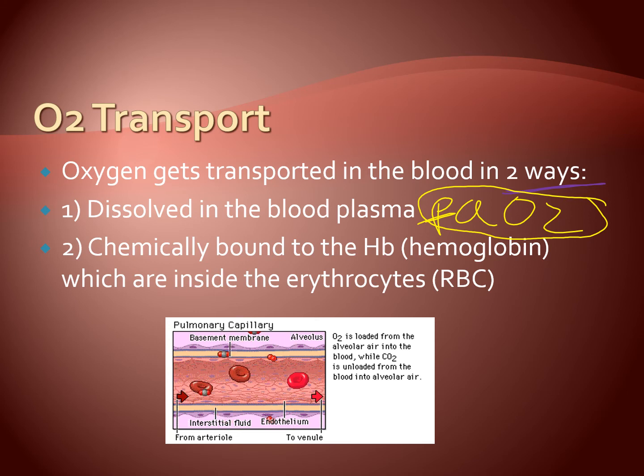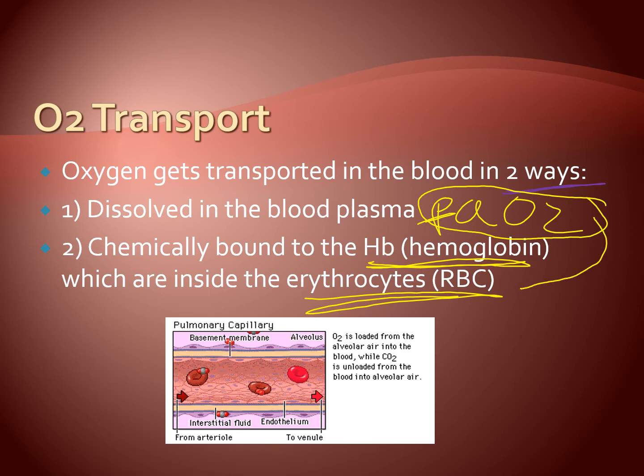And then it also is transported on hemoglobin. Remember, when it's on the hemoglobin, it no longer exerts a pressure, right? This is where the oxygen is staying on that red blood cell. So we need both of these. We need a PaO2 and our saturation, right? How much oxygen is saturated on that red blood cell.